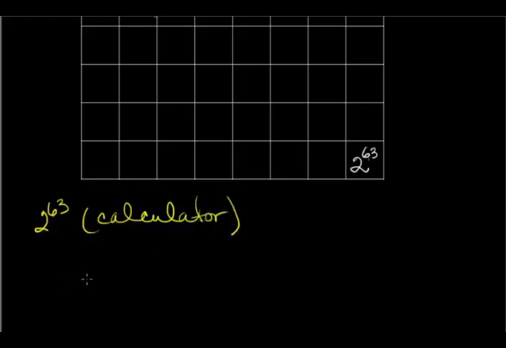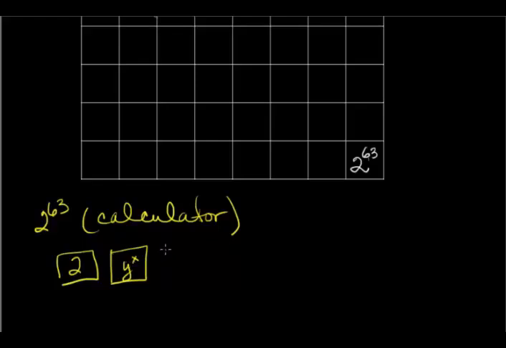Okay, so first I push 2 on my calculator. It might be different. First I push the key 2, and then I push the key that has y to the x power on it. I push that, and then I put in the exponent, 63.